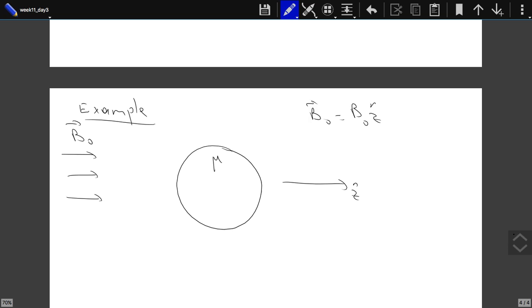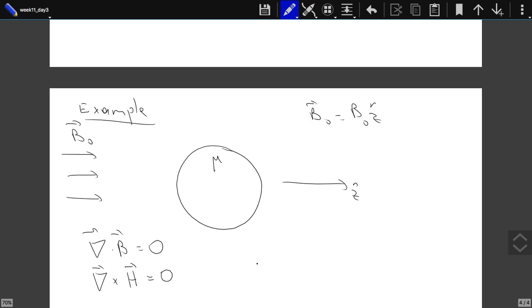Now let's go back to our equations. We know that the divergence of B is equal to 0, both inside my sphere and outside my sphere. Curl of H is also 0 because there is no free current.